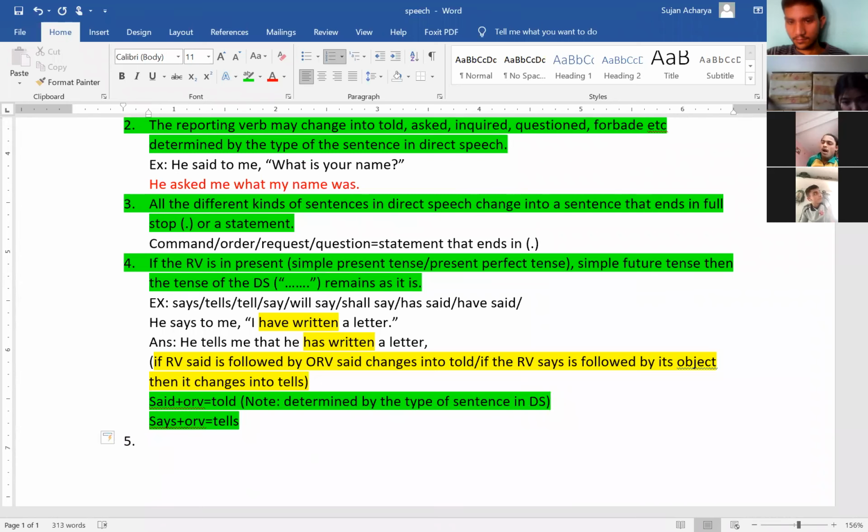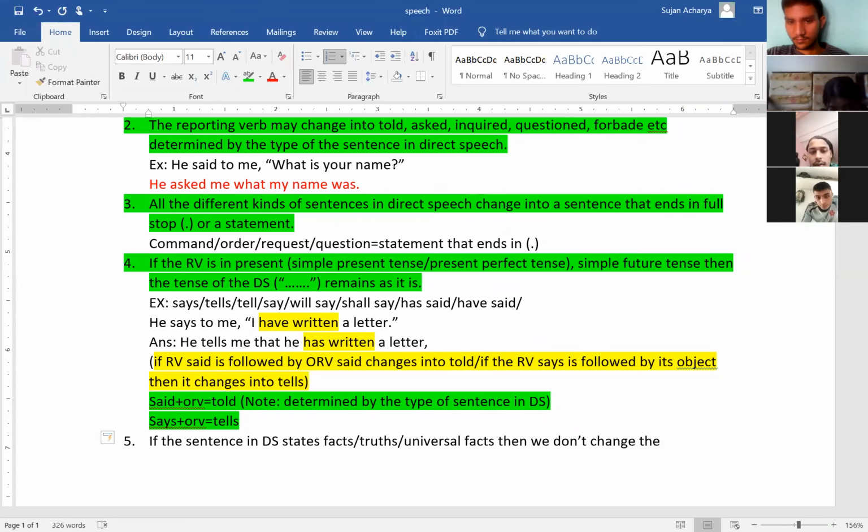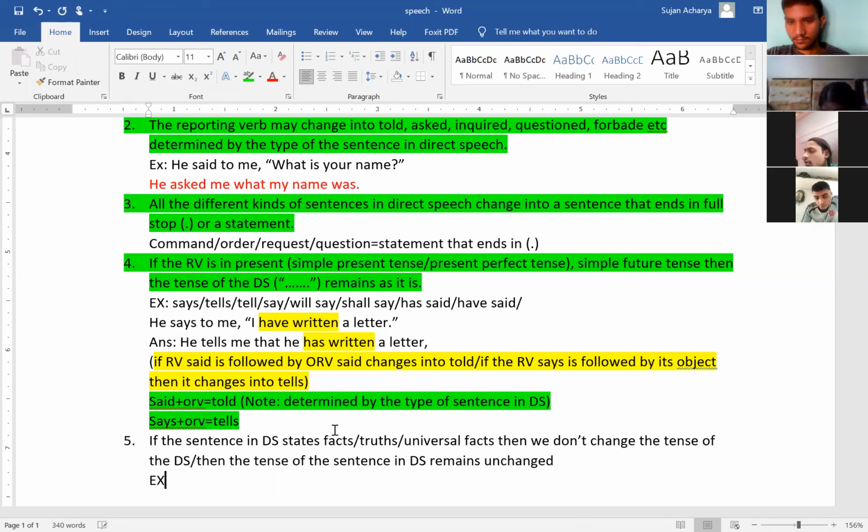Next, if the sentence in direct speech states facts, truths, or universal facts, then we don't change the tense of the direct speech. It remains unchanged.